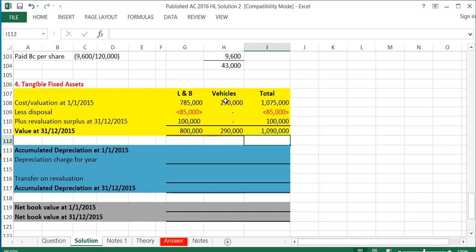So for my cost of land and buildings, I get 1,090,000.